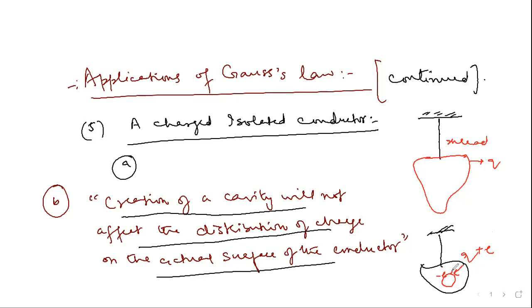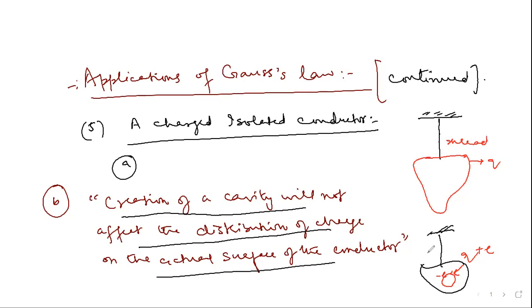If an electron moves from the cavity wall to the actual surface of the conductor, then plus E charge will appear on the cavity walls, and Q minus E charge will be on the outer surface. Total charge in the conductor will still be Q.